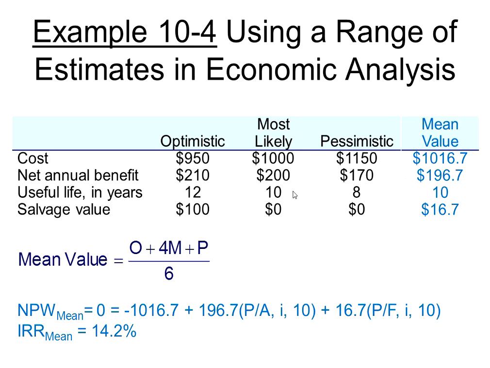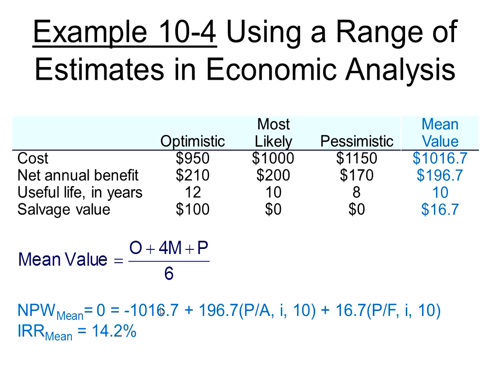Again, we can set up the equation net present worth equals 0. In a similar way, this is already present. This is the annual, therefore we multiply it by P given A, and this is the future amount, so we multiply it by P given F. Again, the useful life is 10, so that's what we're using here in both cases.